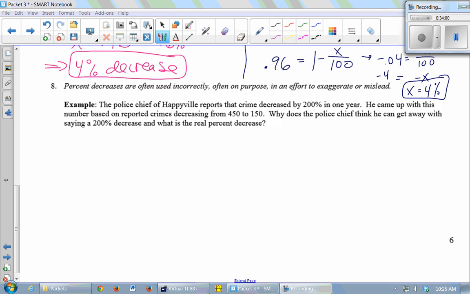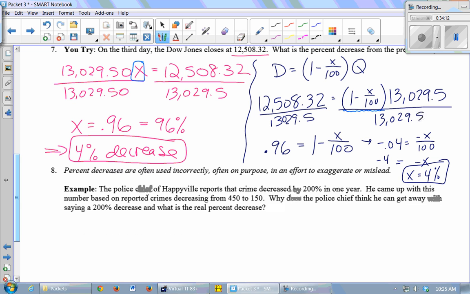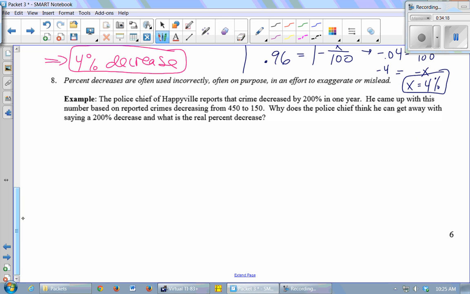Let's use two or three methods. I've shown you three methods for calculating a percent change. The first one is to take what you start with and figure out what you multiply by to get the finishing amount. So if I had 450, what do I multiply by to make 150?